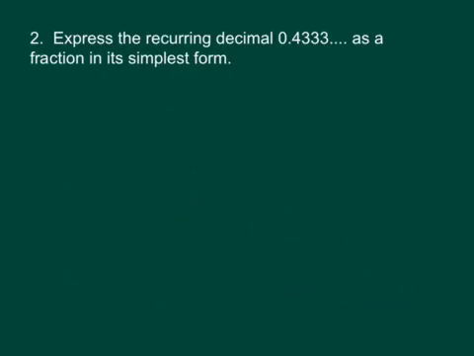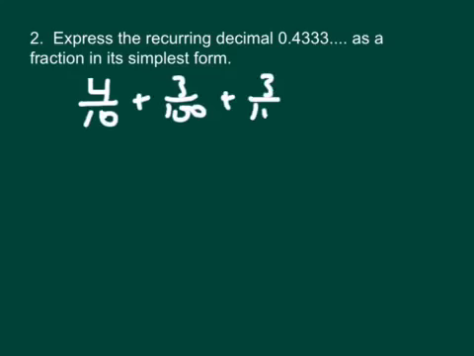Our second problem, so press pause while you read the question. Now here we can think of our recurring decimal as equal to 4/10 plus 3/100 plus 3/1000, etc., etc. Can't we?